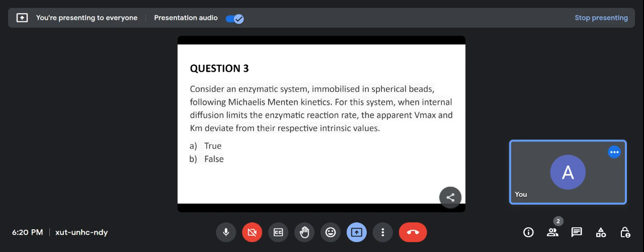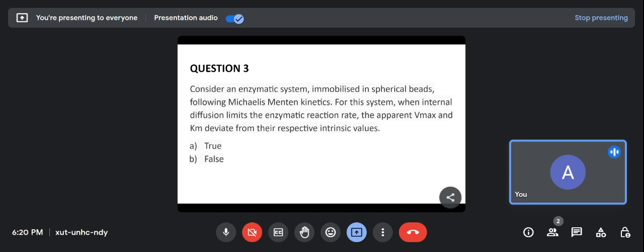Consider an enzymatic system which is immobilized in spherical beads following Michaelis-Menten kinetics. For the system, when internal diffusion limits the enzymatic reaction rate, the apparent maximum velocity and the Km deviate from their respective intrinsic value. You might have to read this over again so that you understand what the question is.